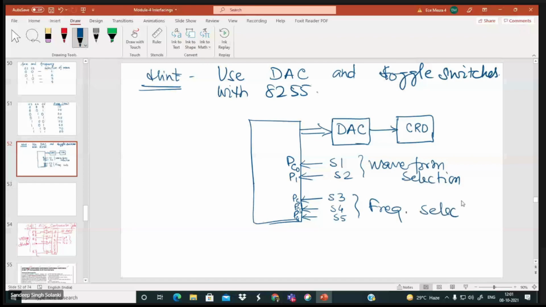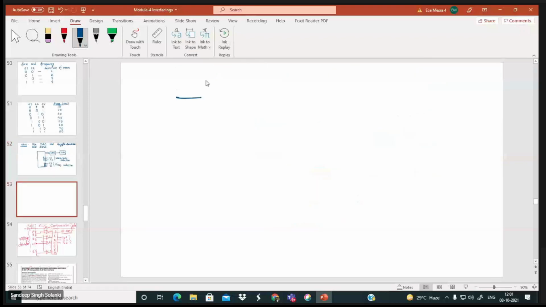Now another hint is your waveform. I asked you to generate square wave. So what is required? You require two steps. Okay. So you always remember that your two steps are going to be 0 volt and 5 volt.